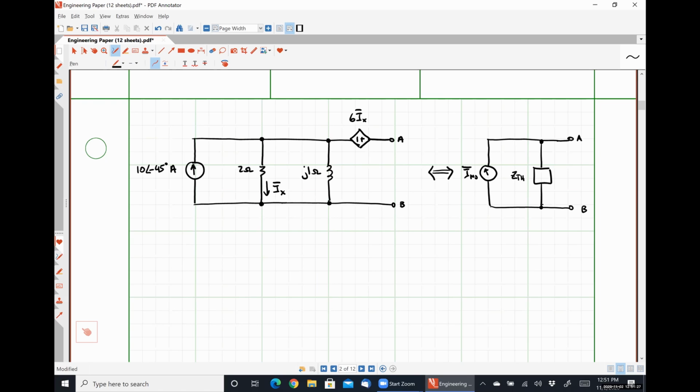So that box just means a generic circuit element which has some impedance.